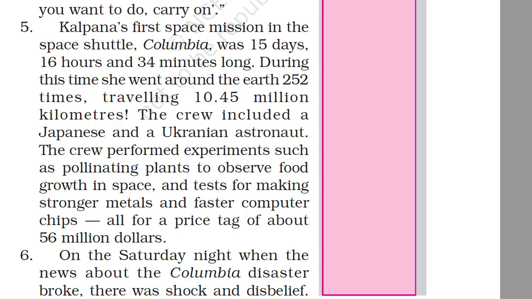Okay. So who else was in the crew? There were Japanese and Ukrainian astronauts, and they performed different experiments, that is, pollinating plants to observe how food grows in space, and testing how we can make stronger metals and faster computer chips.